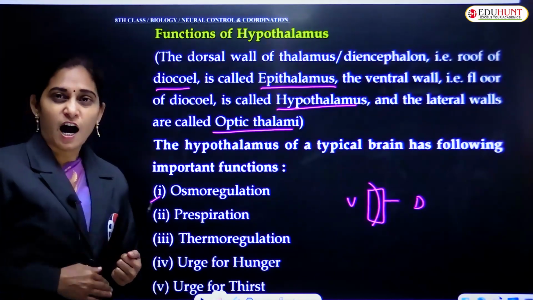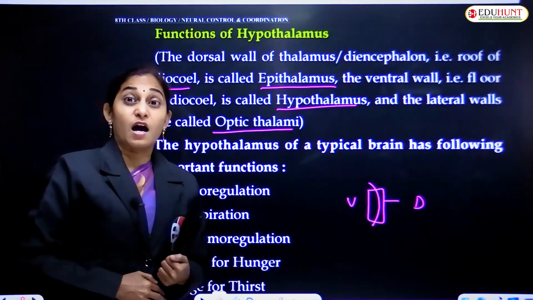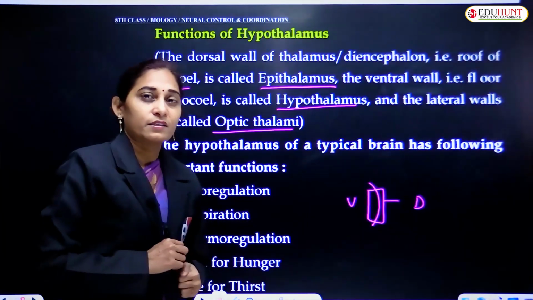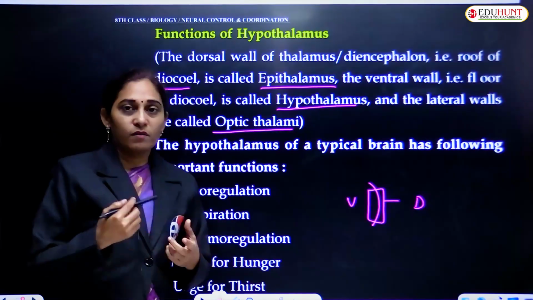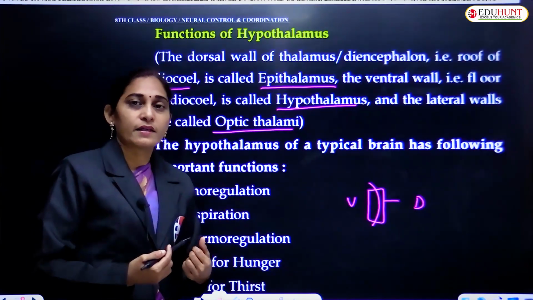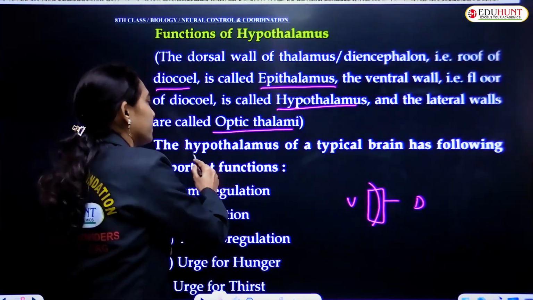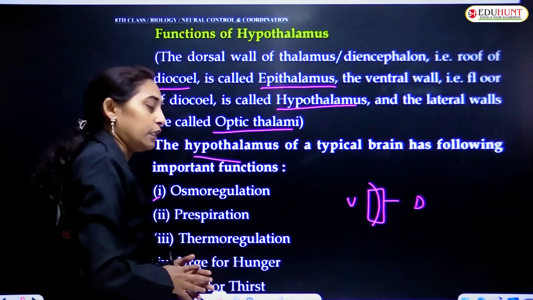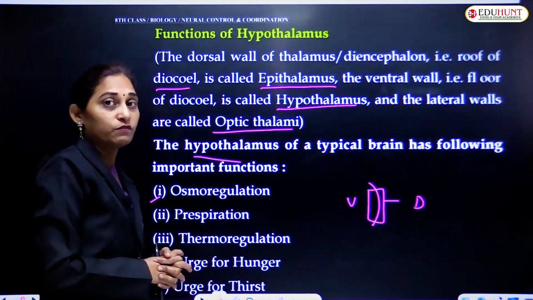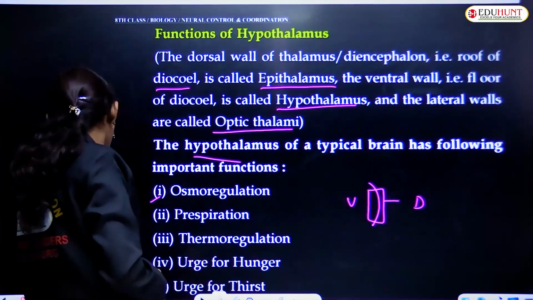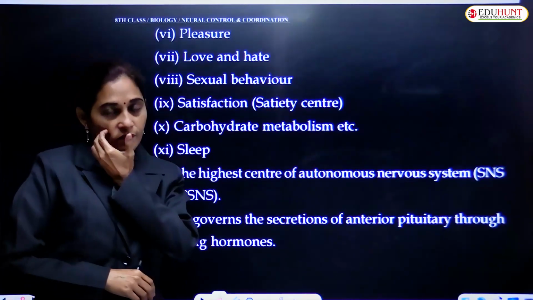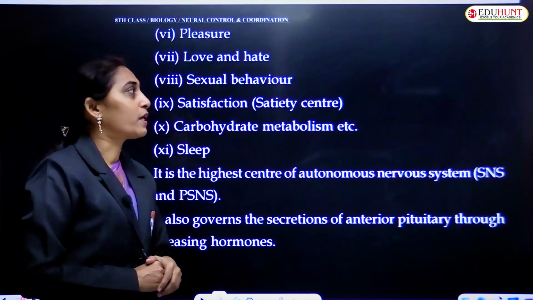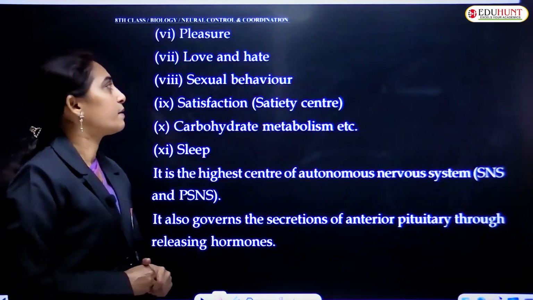And the urge for hunger: if we starve, the feeling is given by the hypothalamus region of the brain. The urge for thirst is also given by the hypothalamus region of the cerebrum.